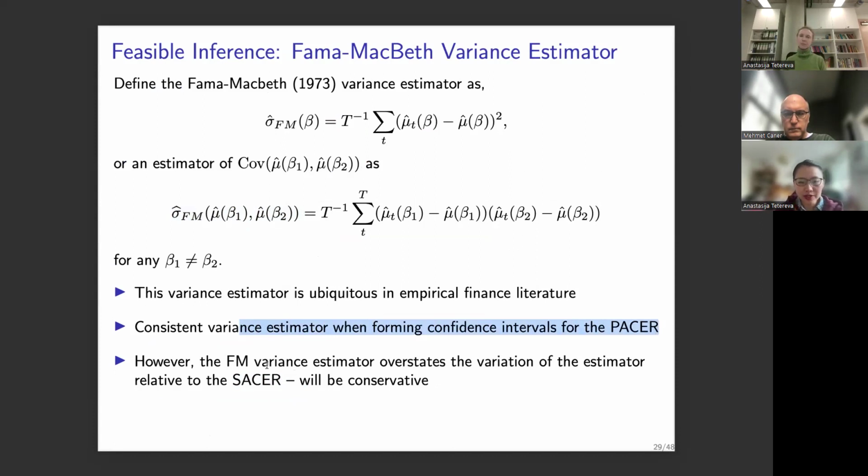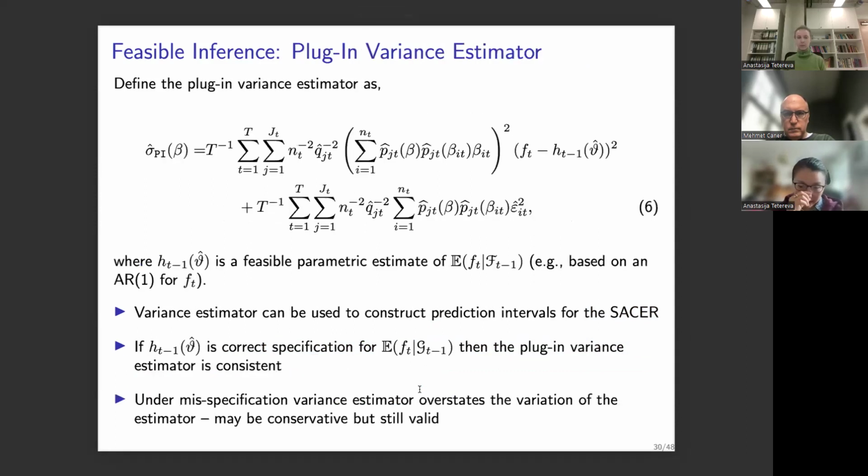And if you're interested in covering the prediction interval for CASR, it's going to overstate the variation. Therefore, the confidence interval constructed by Fama-MacBeth and the confidence interval constructed by the plugin procedure we proposed are different.